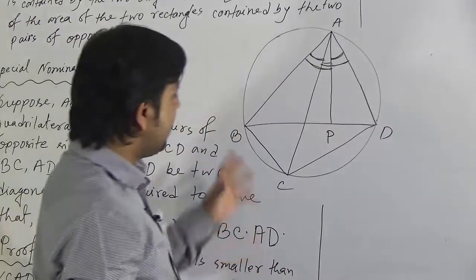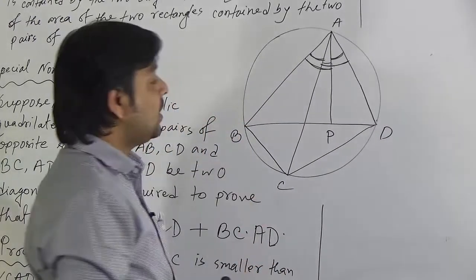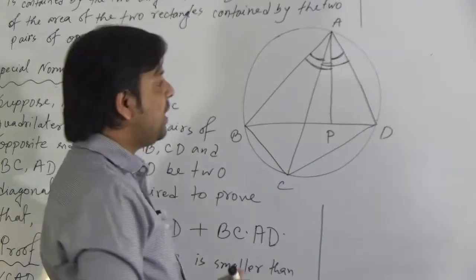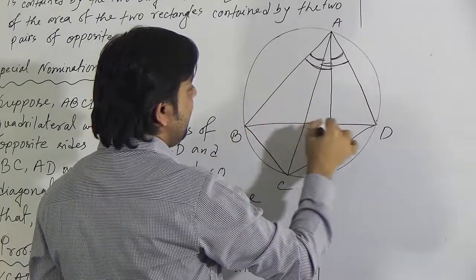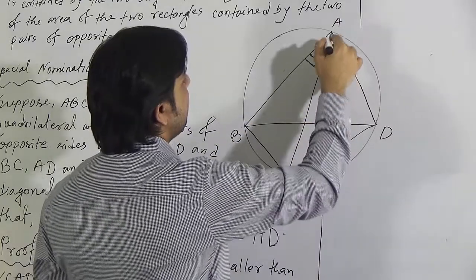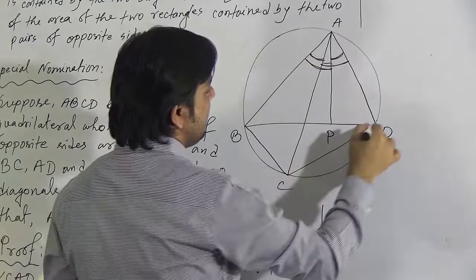Now listen, we can compare two triangles. At first we will compare triangle ABP and triangle ACD.